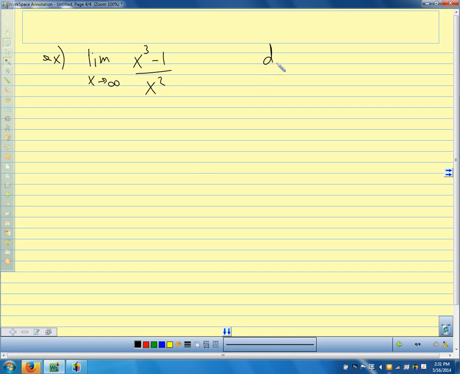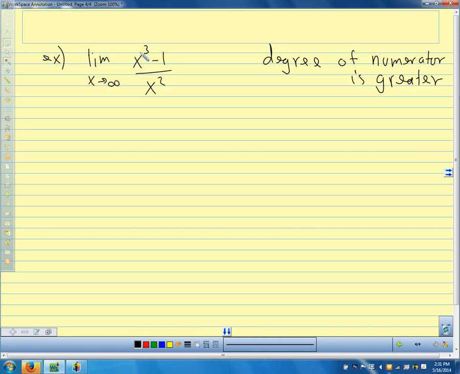So here, the degree of the numerator is greater. Do you remember what that tells us about our asymptotes? There is no horizontal asymptote. And for this particular function, we have a slant asymptote.